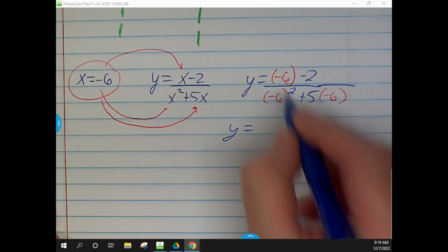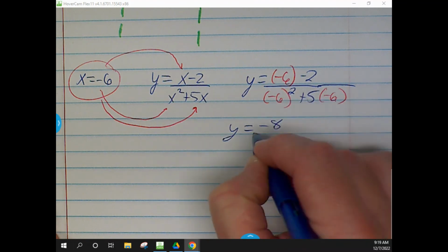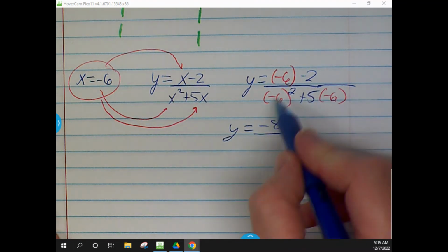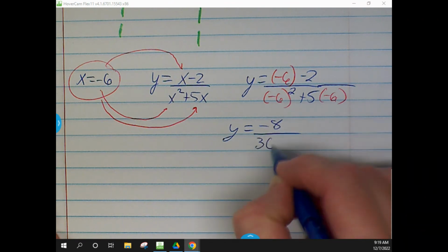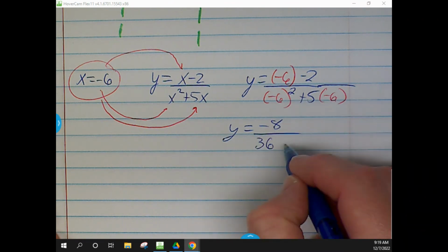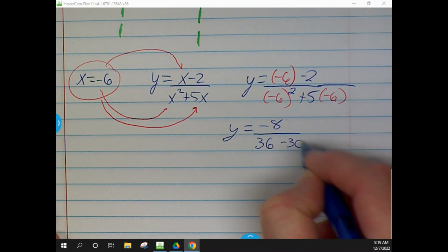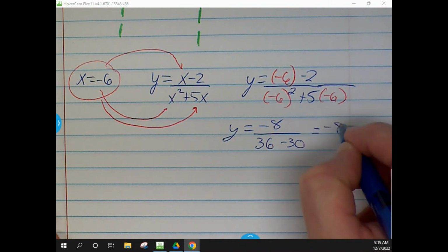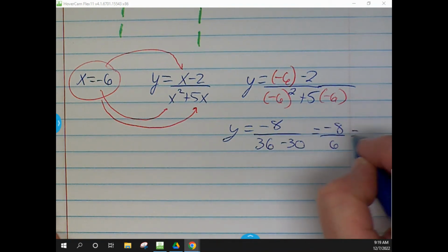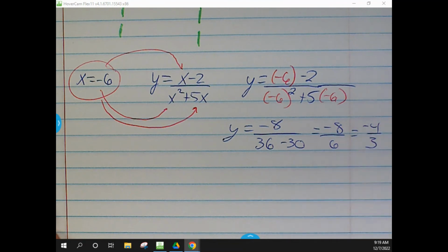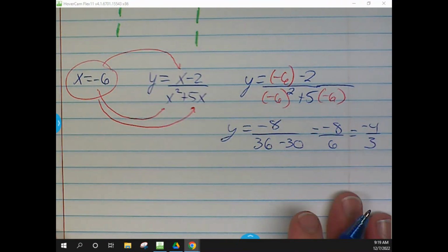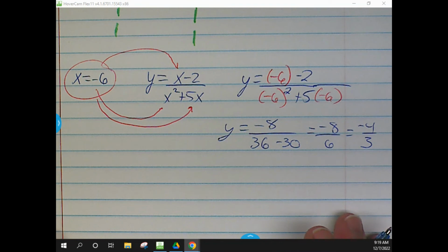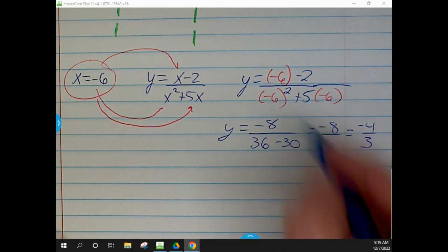But we're going to do it by hand here. -6 minus 2 is -8. -6 squared is 36. 5 times -6 is -30. So that is -8 over 6, which is -4 thirds. Sorry, -6 times -2.